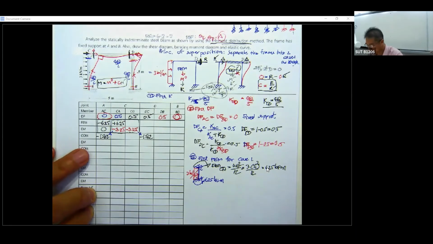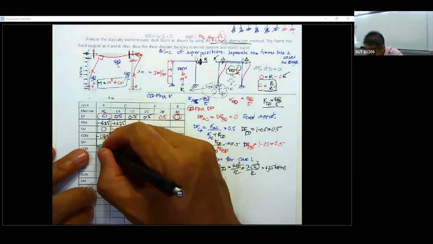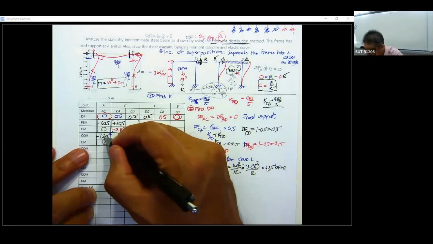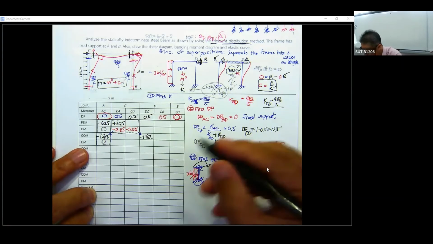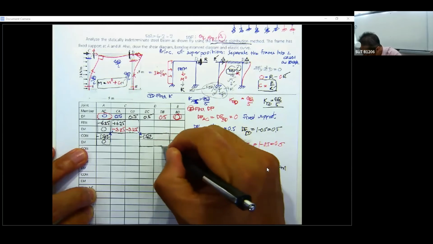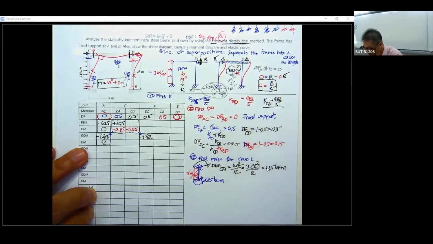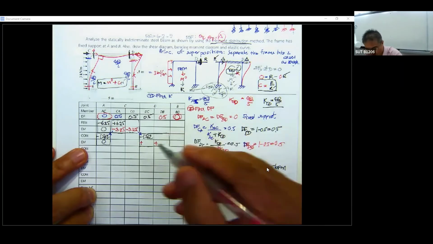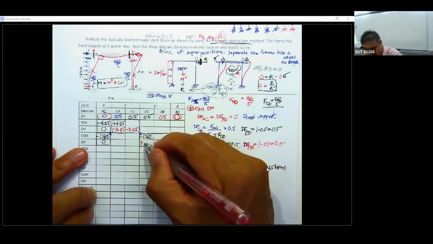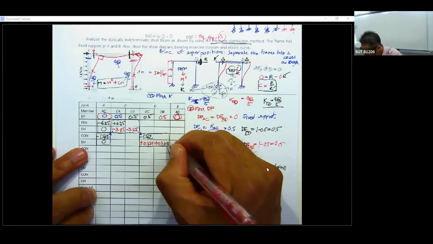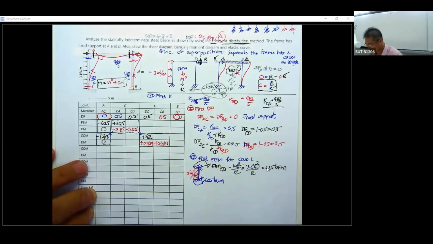Now this one is also going to be in equilibrium. This is 0, this is times 0, this is 0. This one will require positive 1.562 to make it in balance, so it's going to times 0.5. That is 0.781.